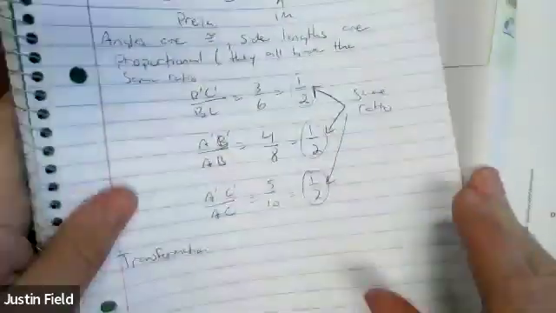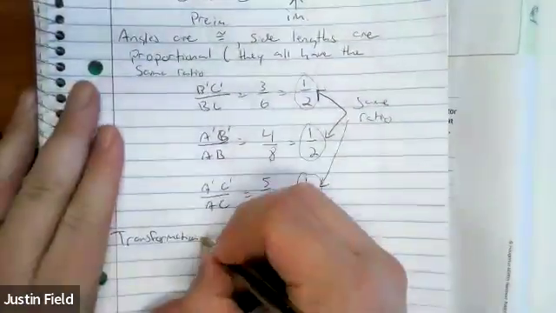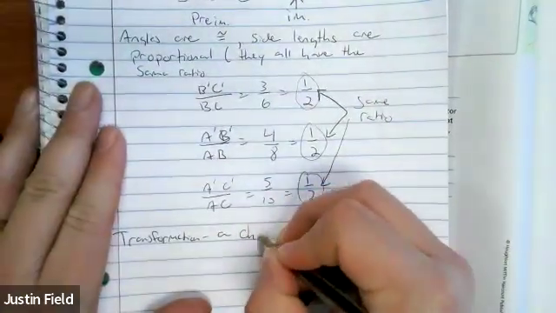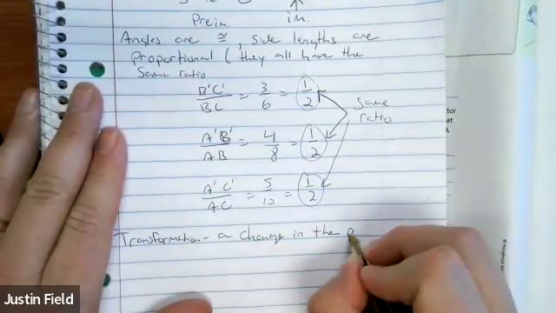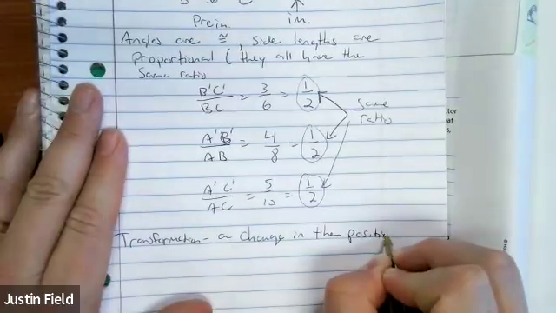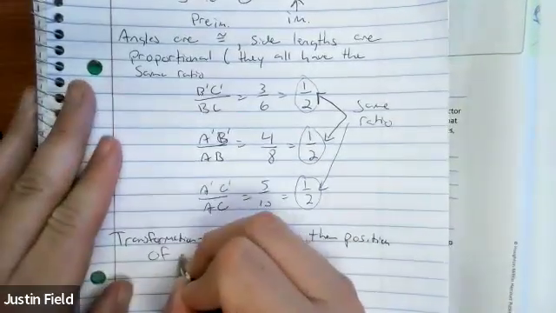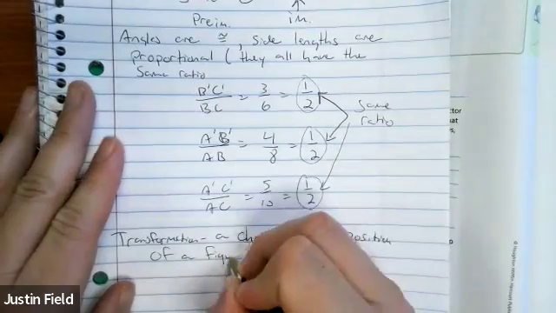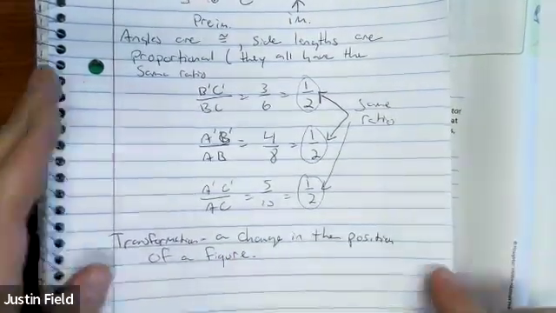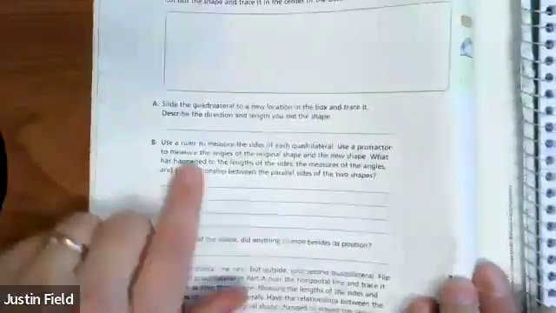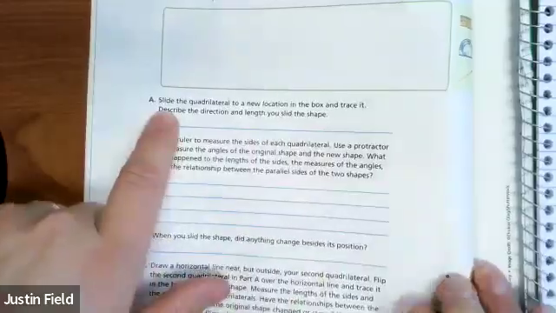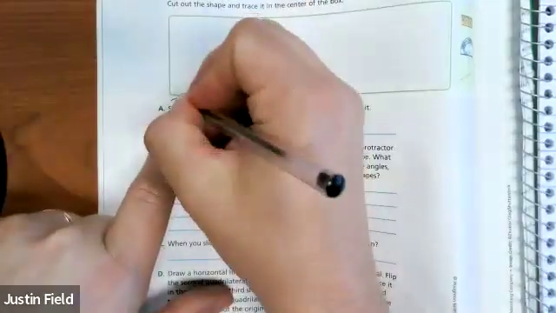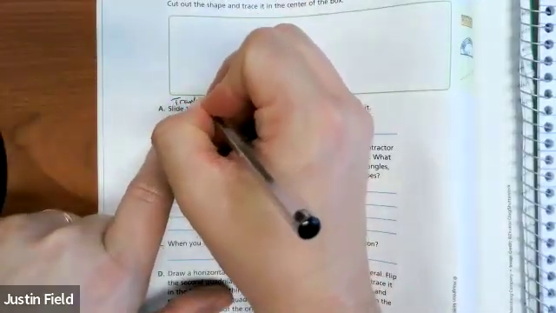A change in the position of a figure. All right, there we go. There's the precise textbook definition. But you can see, what do we want to do? Slide the quadrilateral. So what would that be? That would be a translation.